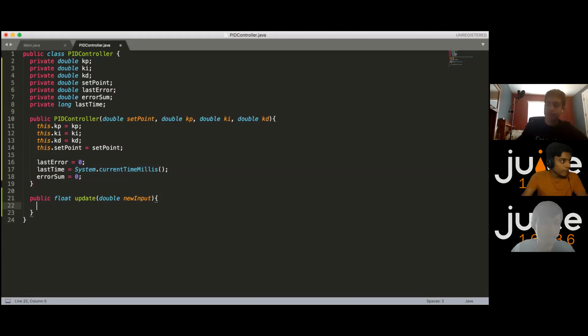So first thing we're going to do is define some new variables, and this will store the current time. Because as time progresses, we want to be able to store both the last time and the current time, and then we can calculate the difference between those, which would be our period.